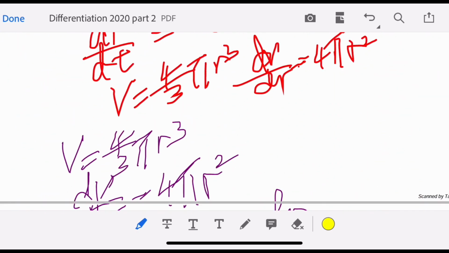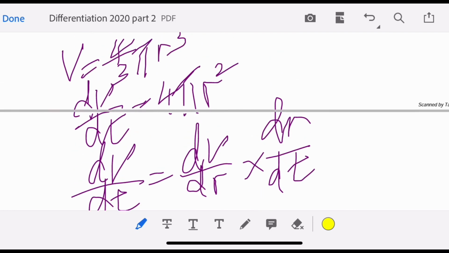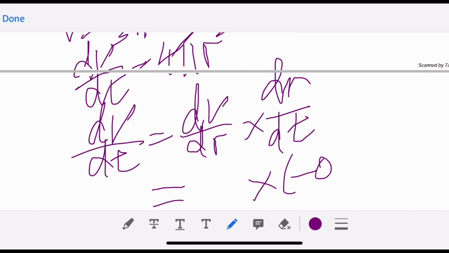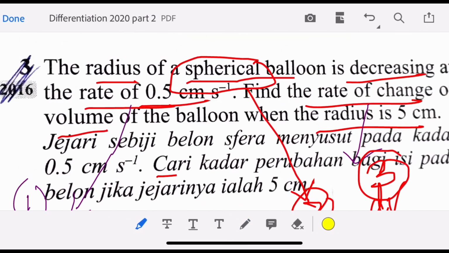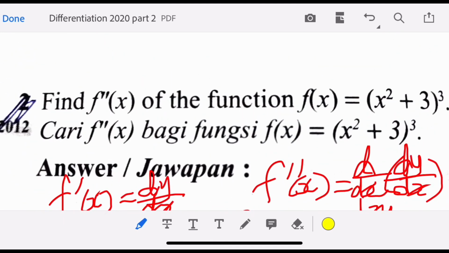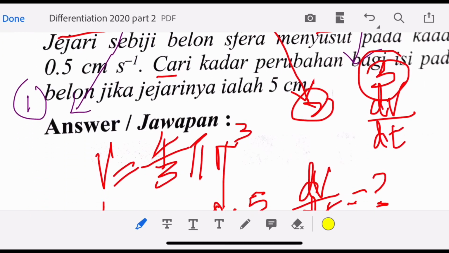So now let's substitute. Our dV/dr just now, the radius is given, isn't it? We just substitute the dr/dt. Actually, you just get the right information from the question, and convert to d something over d something. Then after that, you will get the answer.